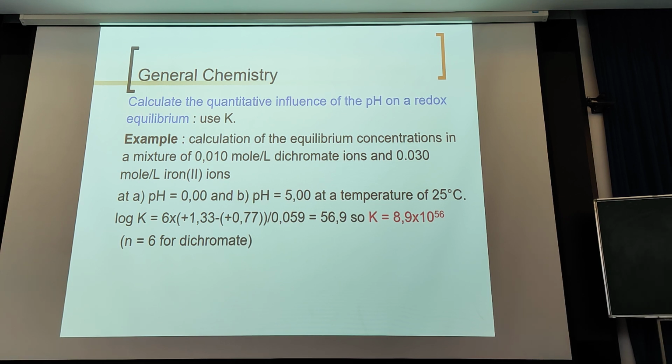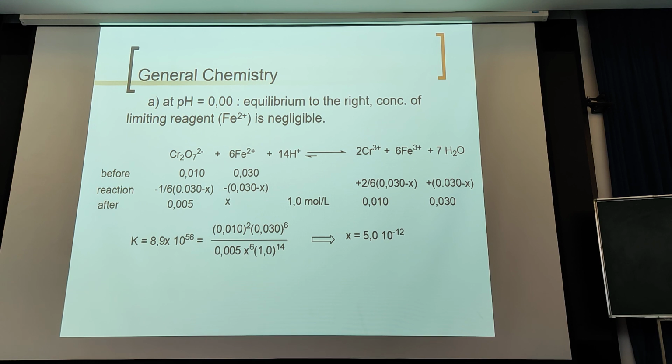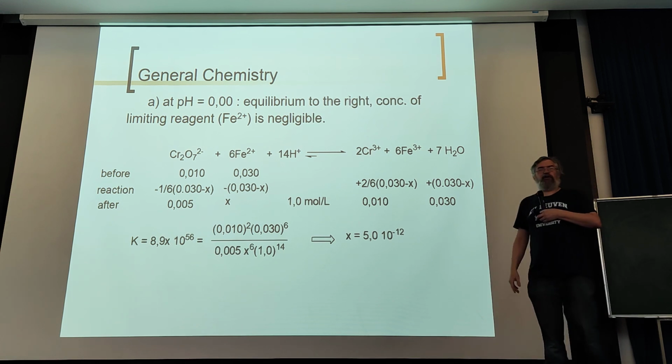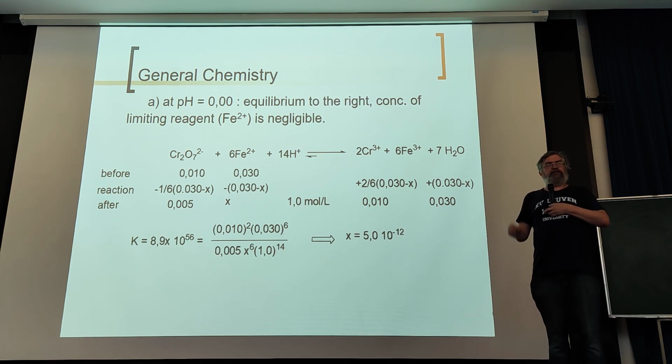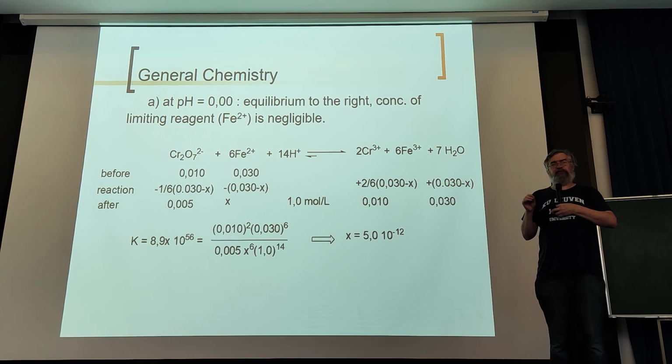Now the reaction, I guess we have it over here, yeah. So the reaction here, 6 irons, 14 H+, that means your reaction is hugely dependent on the H+ concentration. Even a small difference in acidity is going to make a huge difference.